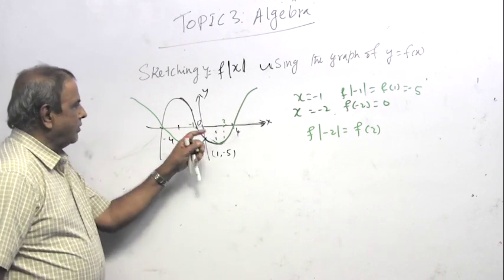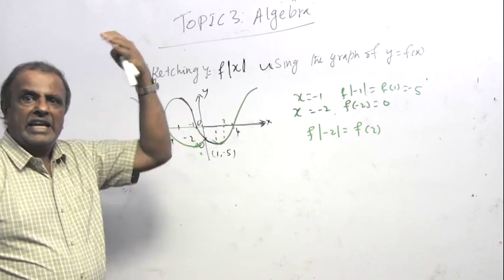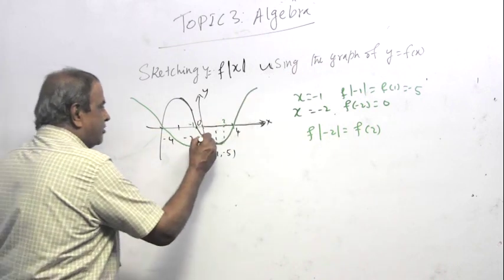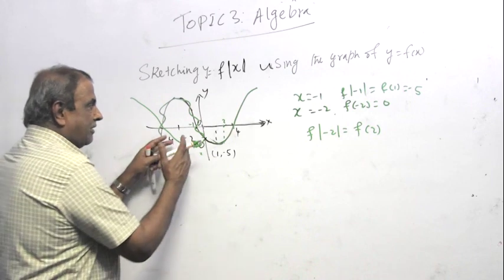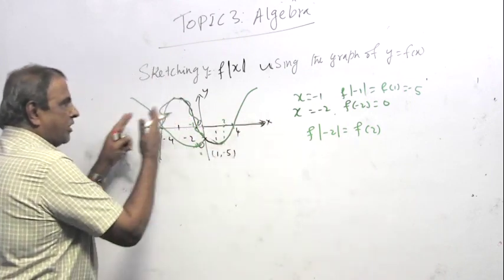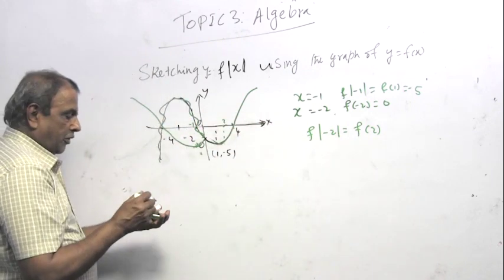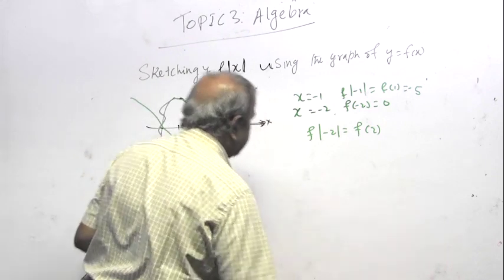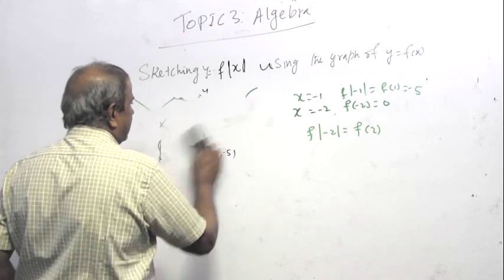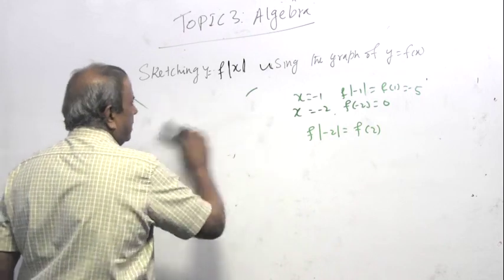Meaning, the negative part, because x can never be negative, this part of the graph cannot exist. But whatever was the answer on the right becomes answer on the left. So therefore, I hope you understand, but it's pretty straightforward.